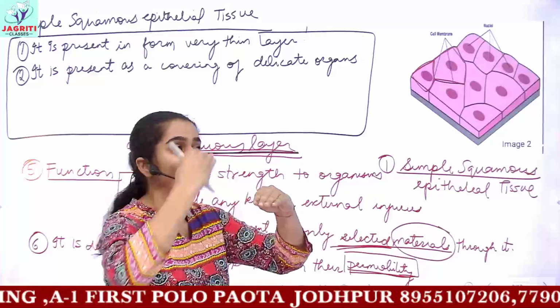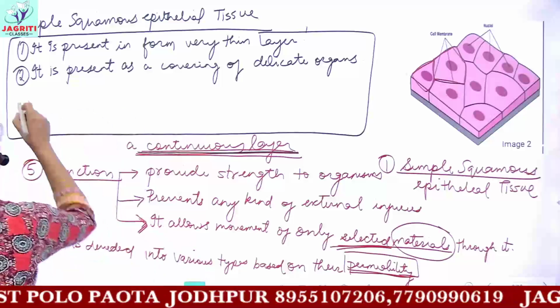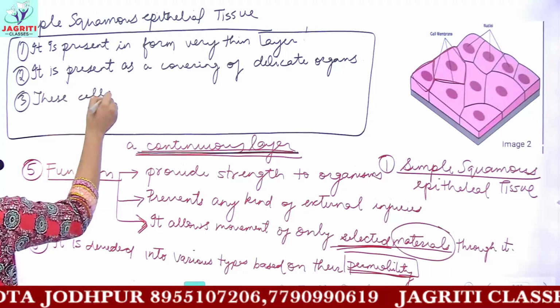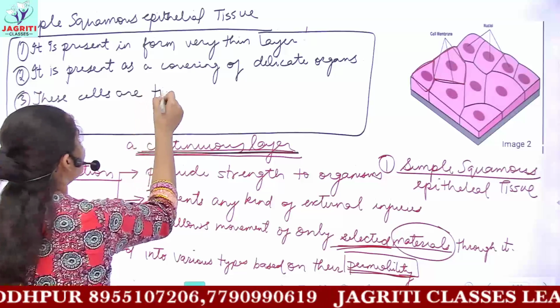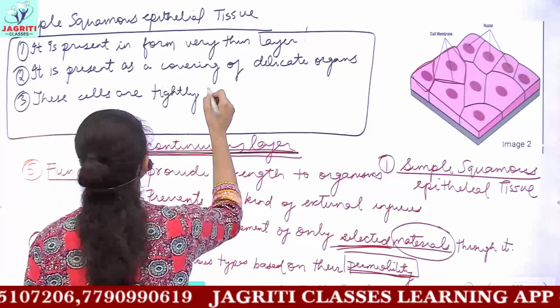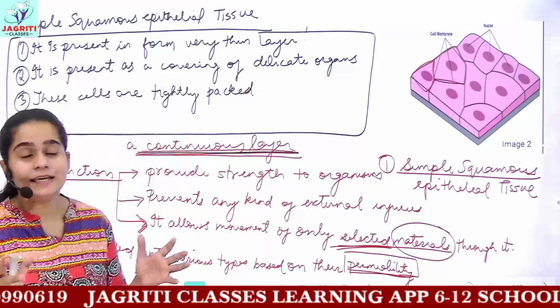It covers them with a single layer and provides protection to them. Then you have that these cells are tightly packed. As you can see in the diagram, there is no kind of intercellular spaces. That means these are tightly packed with each other.